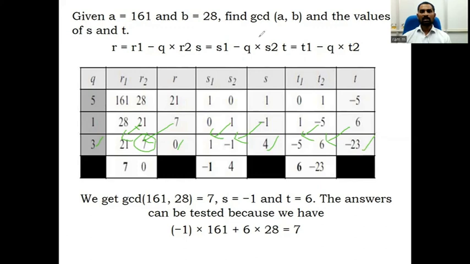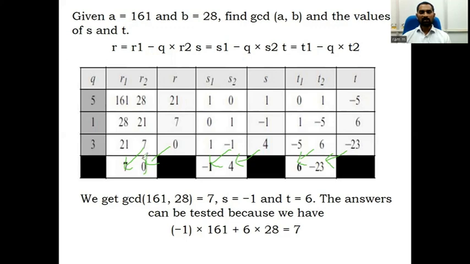Now, for the next iteration, first I need to find the values of R1, R2. R2 becomes R1, R becomes R2. Similarly, S2 becomes S1, S becomes S2, T2 becomes T1, and T becomes T2. Now, if you want to repeat the process, let us find the value of R2.